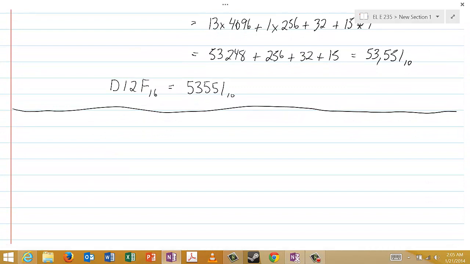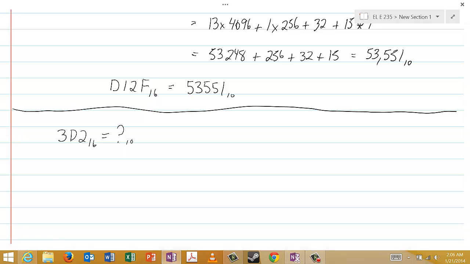Let's say maybe 3D2 base 16 is equal to what in base 10? I hope that you'll stop the video for a moment and try this yourself, and then we'll look at it together.